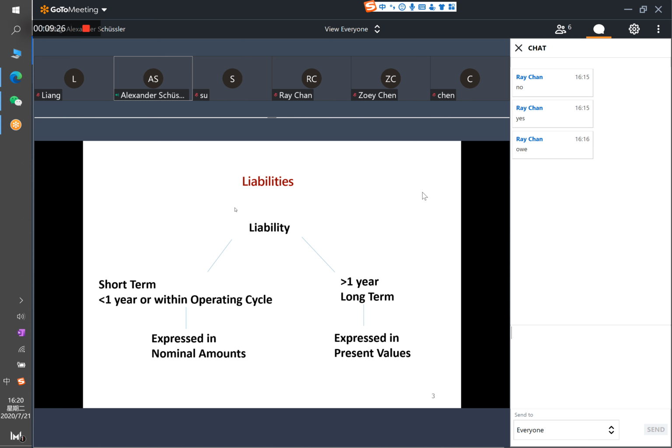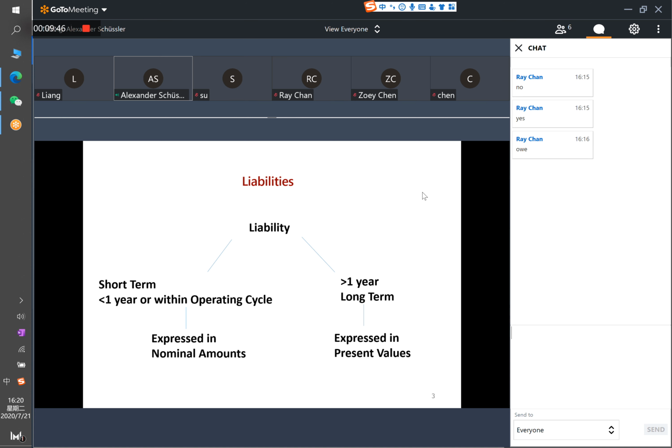Again, what is the operating cycle? Operating cycle means the goods and services that you buy, produce, and then sell, and then turn into cash.